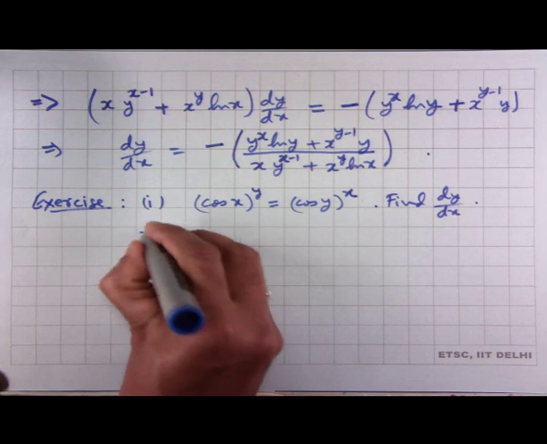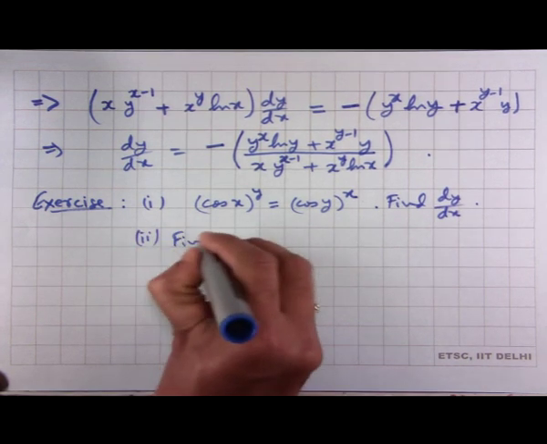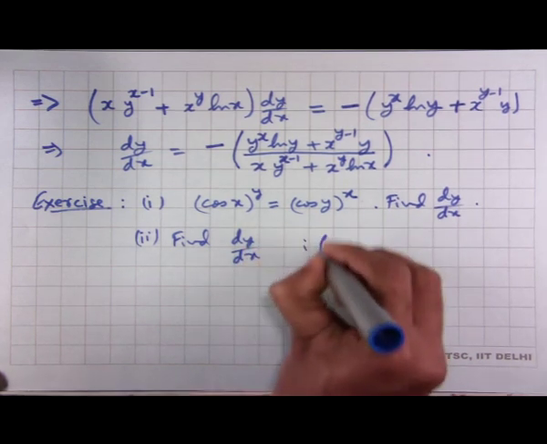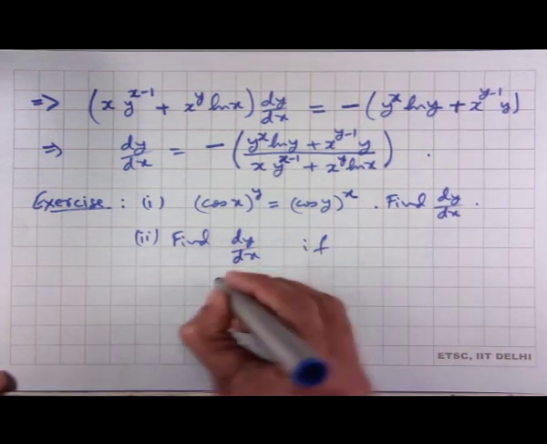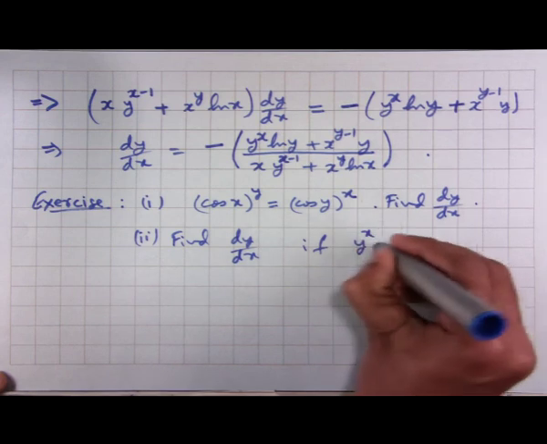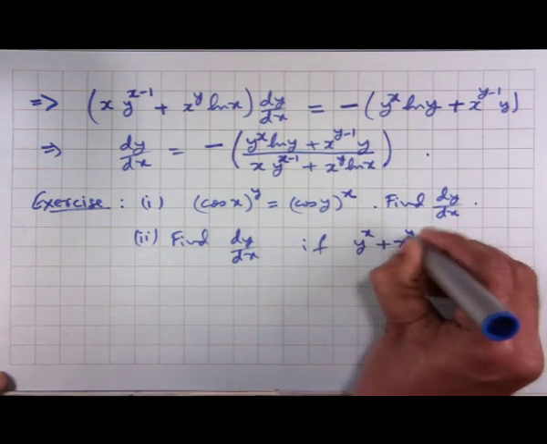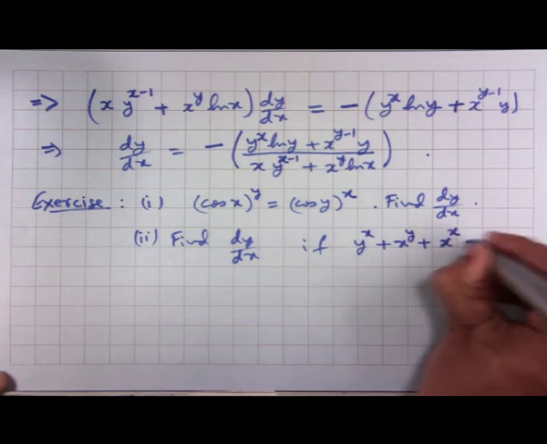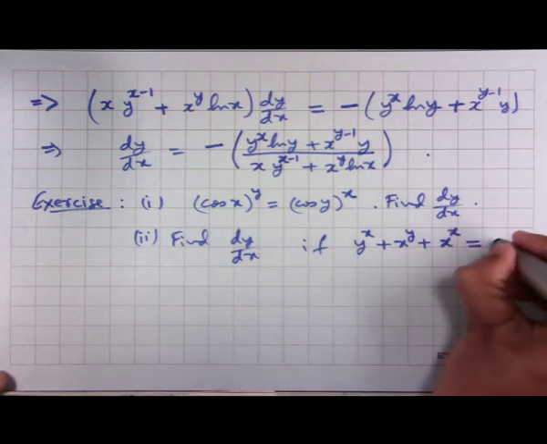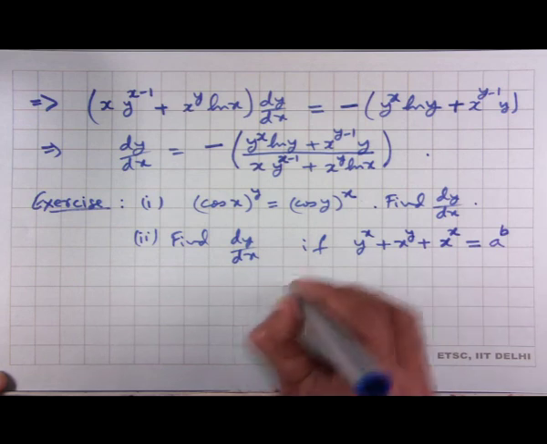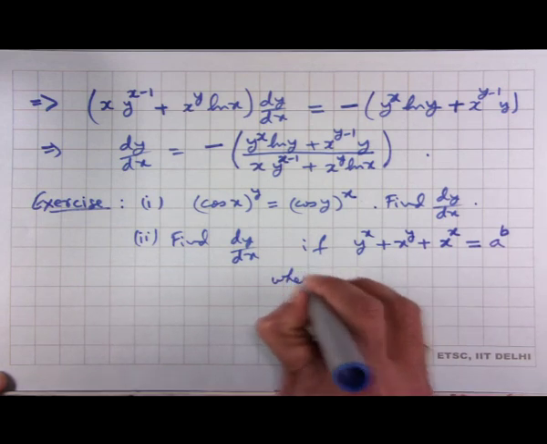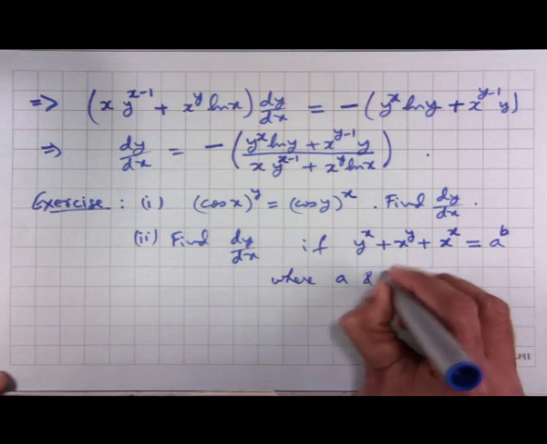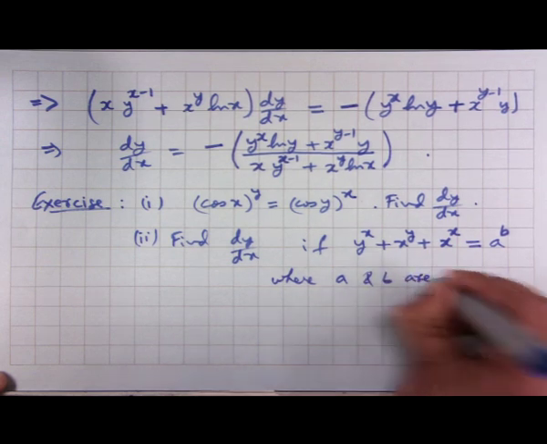Another is, find dy/dx if y to the x plus x to the y plus x to the x is equal to a to the b, where a and b are constants.